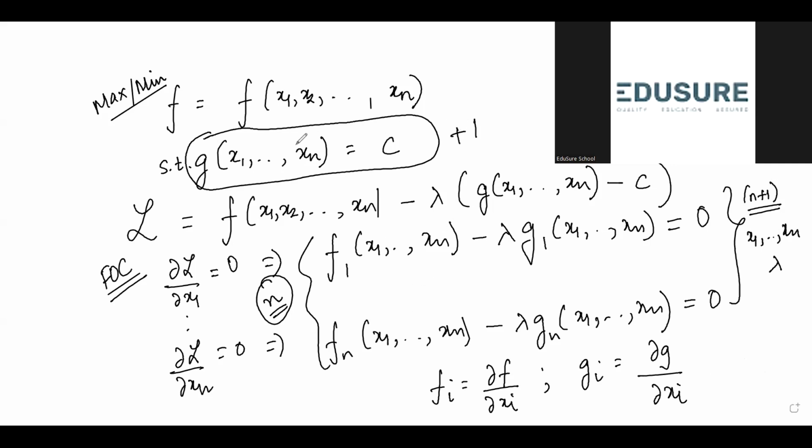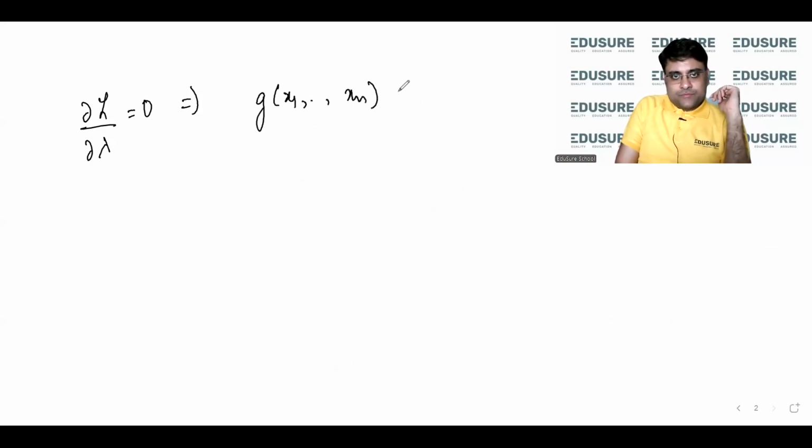This is the n plus 1th equation, which, as I have already explained, can also be put in the first order condition, wherein we do del L del lambda, which basically gives us the constraint itself. Okay?